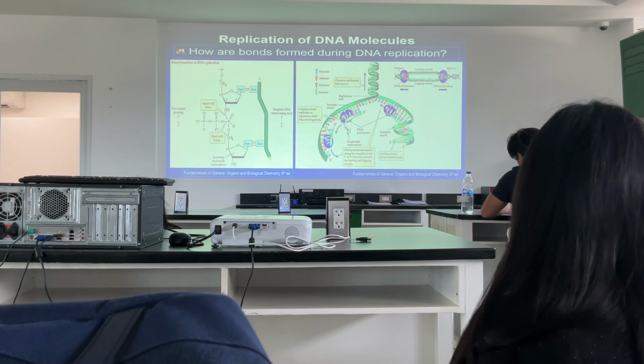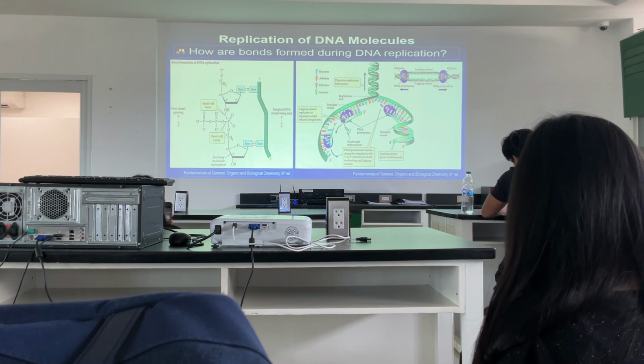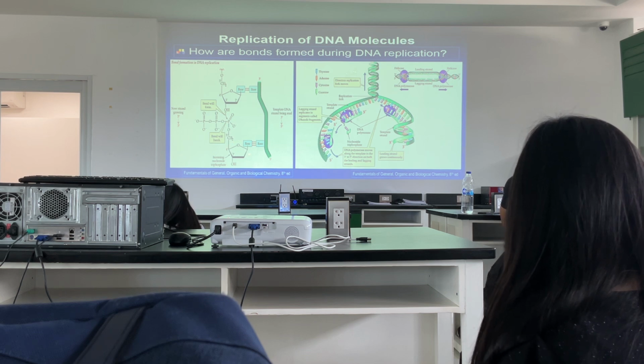Okay, what did we say? A nucleotide is composed of a ribose sugar, one phosphoryl group, and one base. But during synthesis, it will be a nucleotide triphosphate. There will be 3 phosphoryl groups attached to the 5th carbon atom of the ribose sugar.